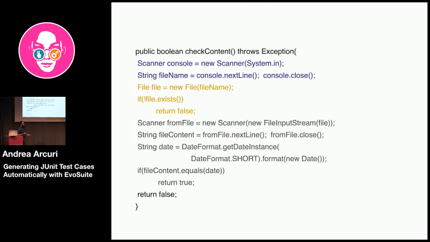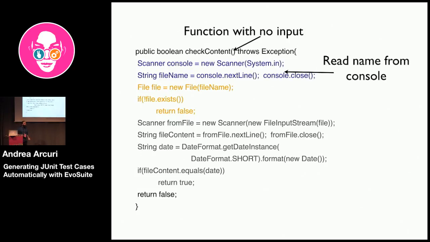So let me make a slightly more complicated example. Again, artificial, just because I want it to fit in a slide. I might have a function, check content, that takes nothing as input. But it reads from the console, from the terminal. What it reads is a name.